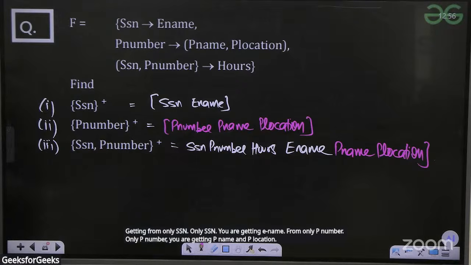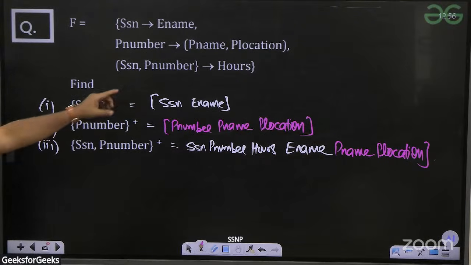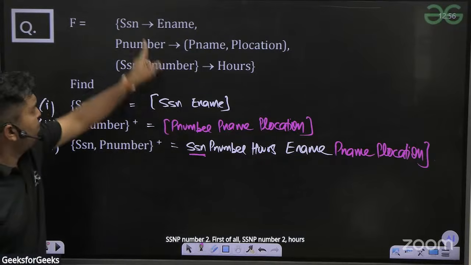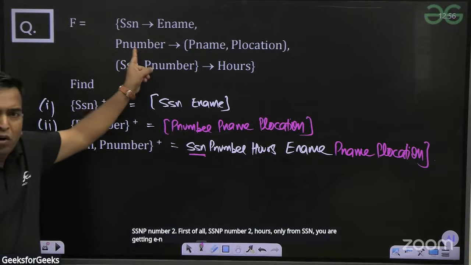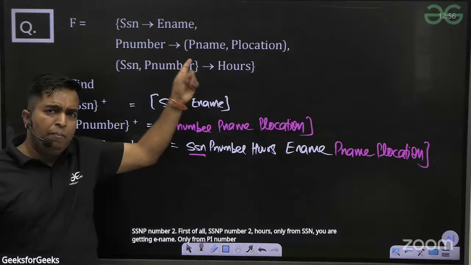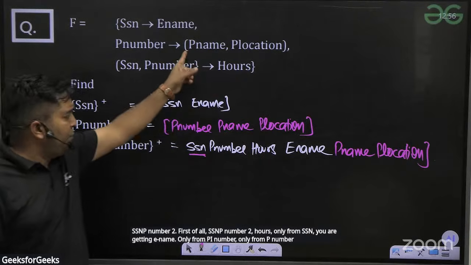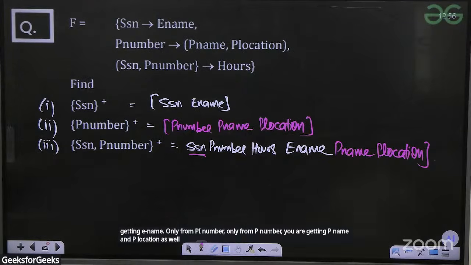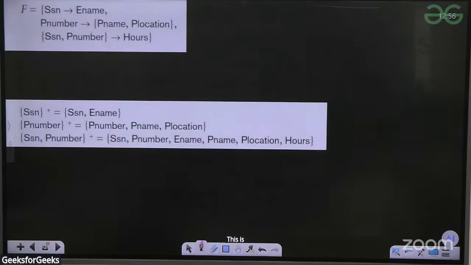Now, SSN, P number 2, hours. Only from SSN, you are getting E name. Only from P number, you are getting P name and P location as well. Crystal clear? This is the standard Navathe book question.